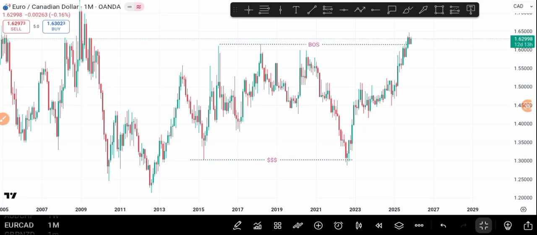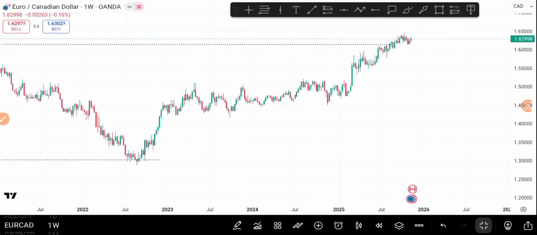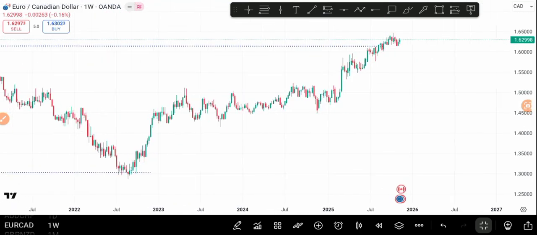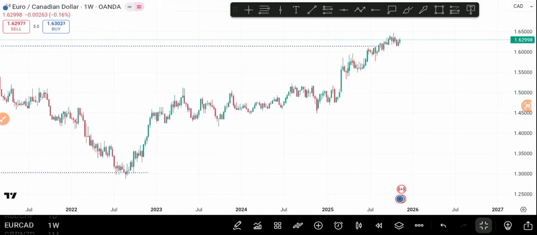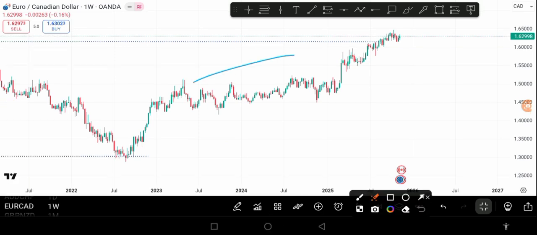Now on the weekly time frame, I want us to focus on this, let me show you what I'm saying. I want us to focus on this leg and study what is going on in this leg. It was going up, pull back, go up.